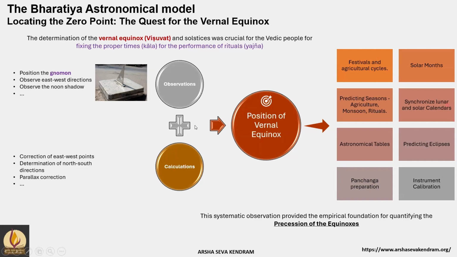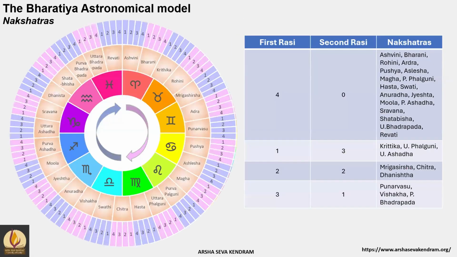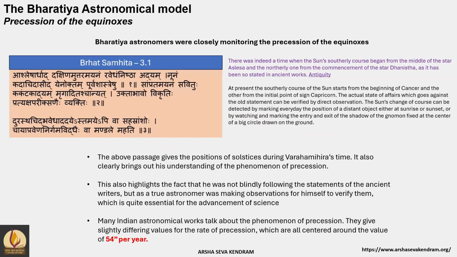And on top of the observations, they applied calculations, and they were able to not only accurately pin down the vernal equinox point, but in that process, they also observed that the position of the vernal equinox was changing on a year on year basis. And in order to reconcile this, they came up with what is called the precession of the equinoxes.